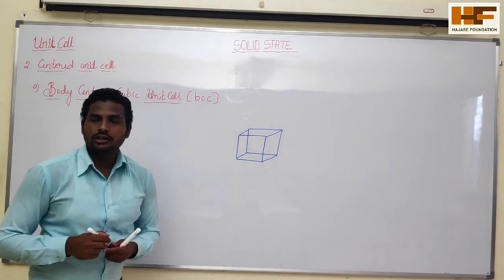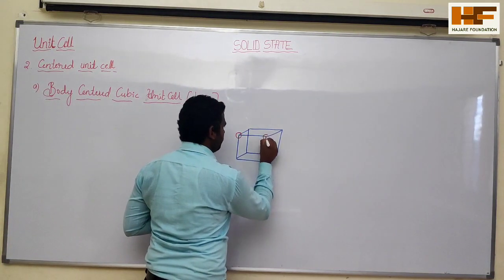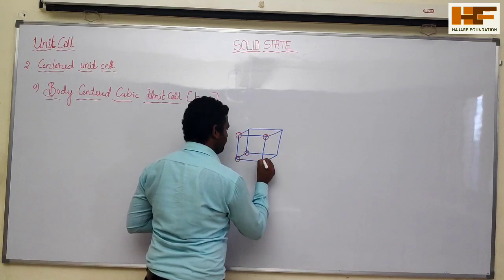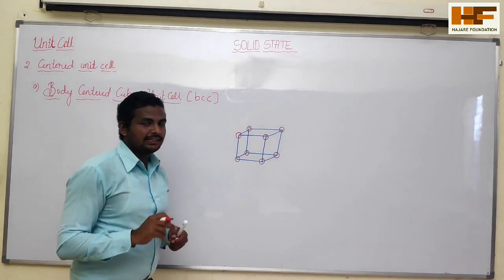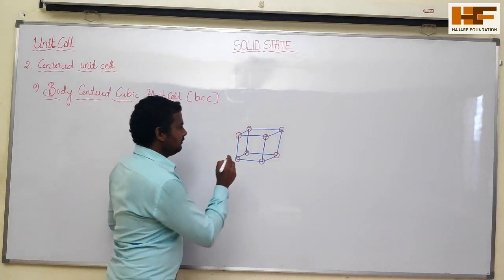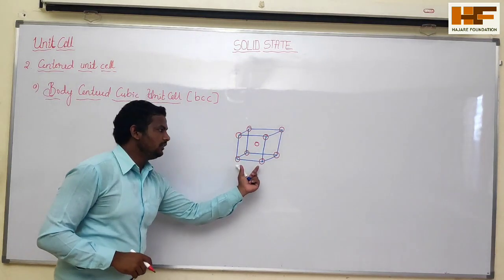So now constituent particles are present at all the corners, as well as one constituent particle which is present at the center of the cubic unit cell.